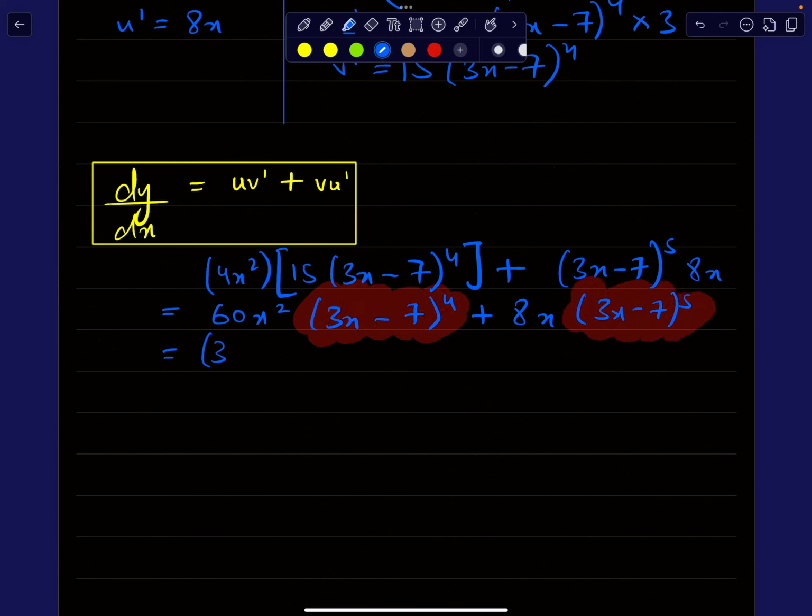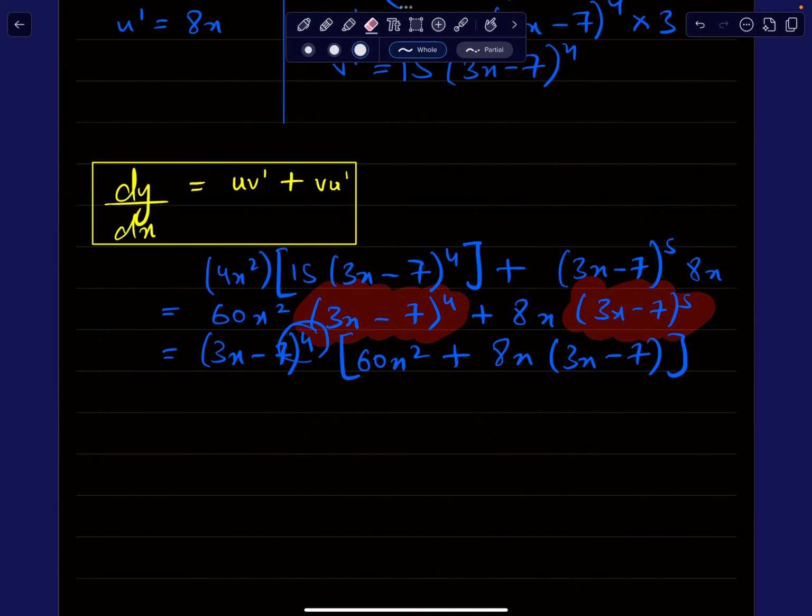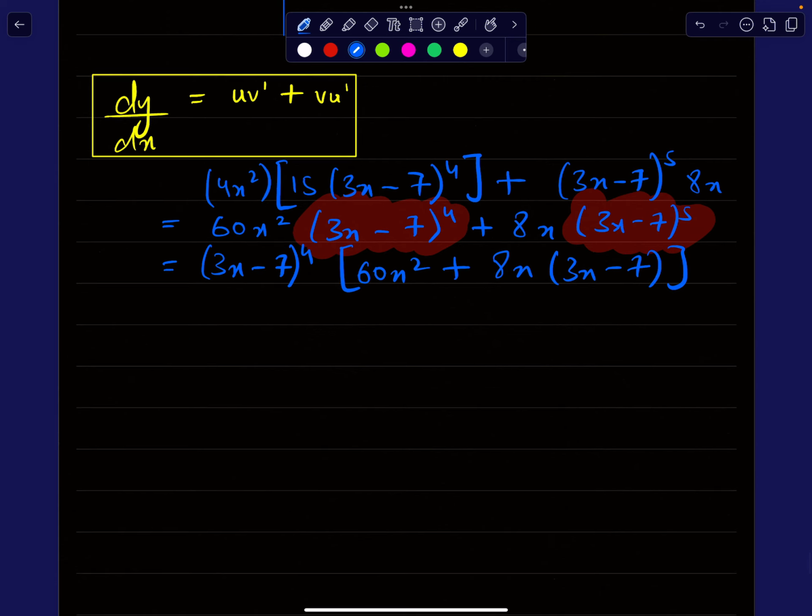So 4 is the smaller power, so I have 3x minus 7 to the power 4 out of the brackets taken as common, and 60x squared left as it is, and 8x into 3x minus 7, since I took this expression to the power 4 common.